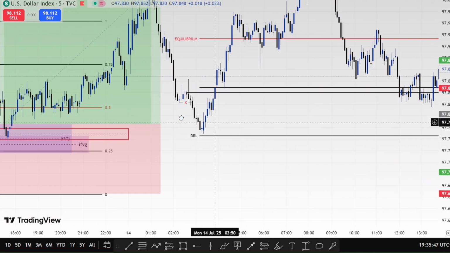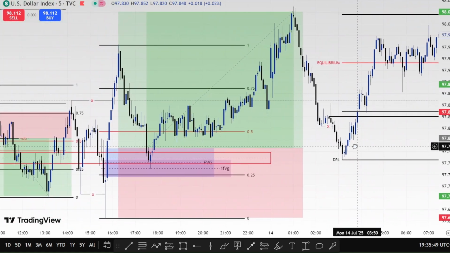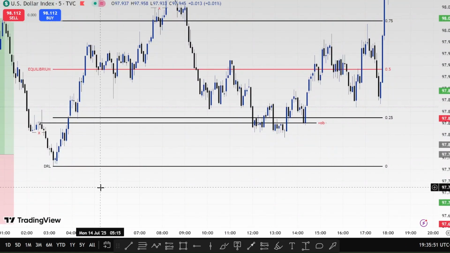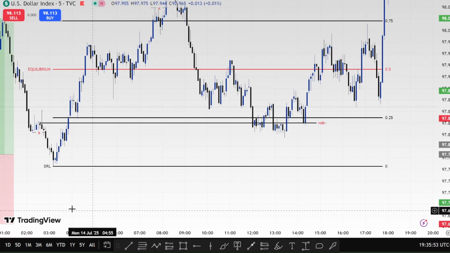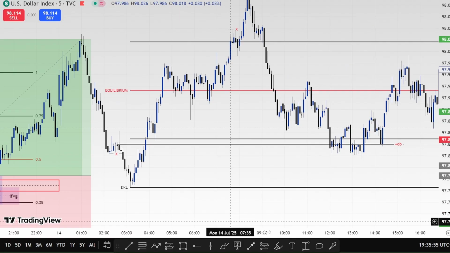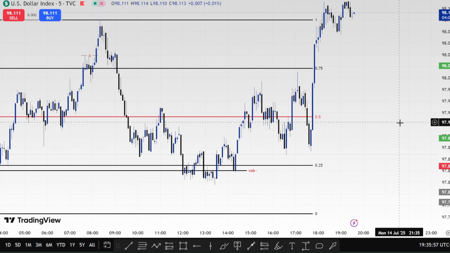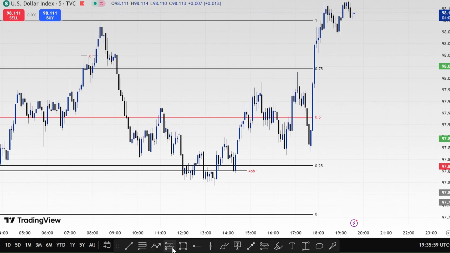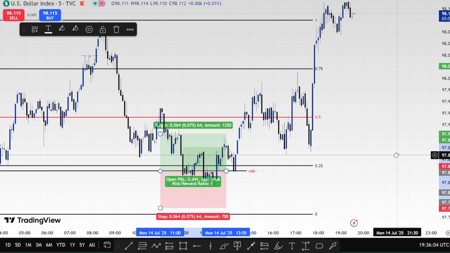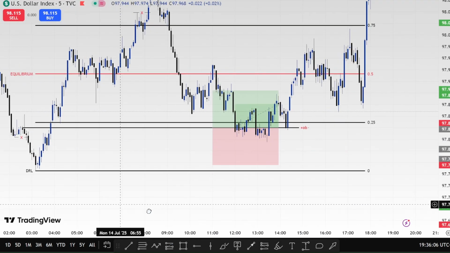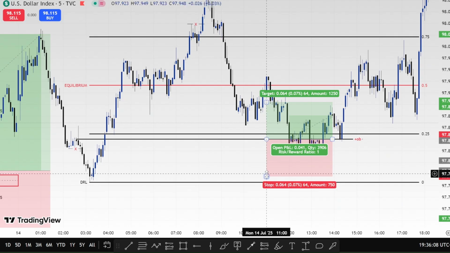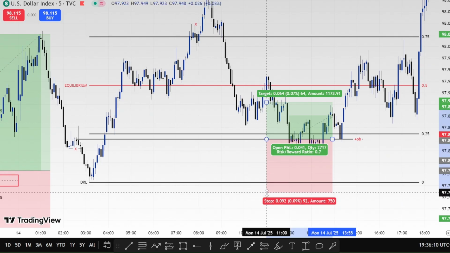Then I look for my point of interest. If all of them fall under the order block, basically I'm going to use my order block. That's where I found my entry. My order block is a high time frame order block. It's very serious. It is a high time frame order block, so it has a high probability of moving to the upside.